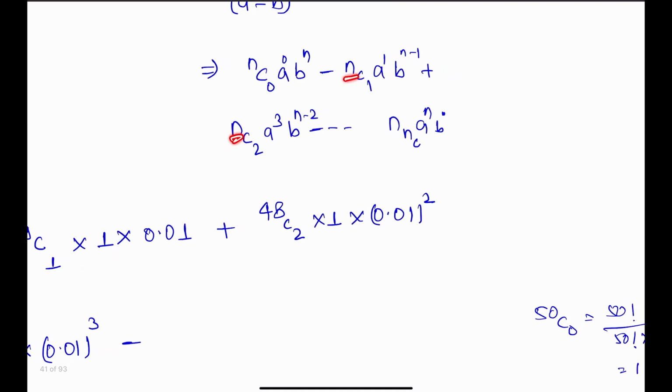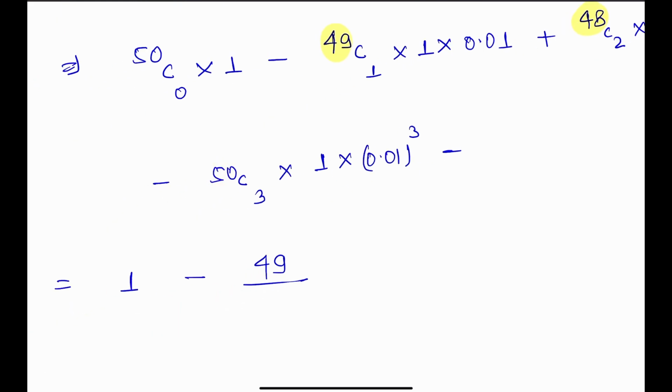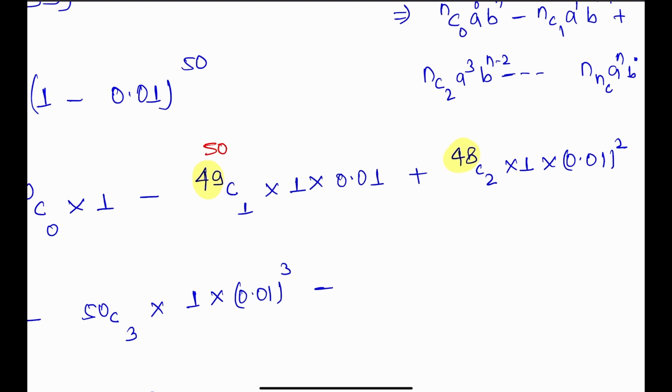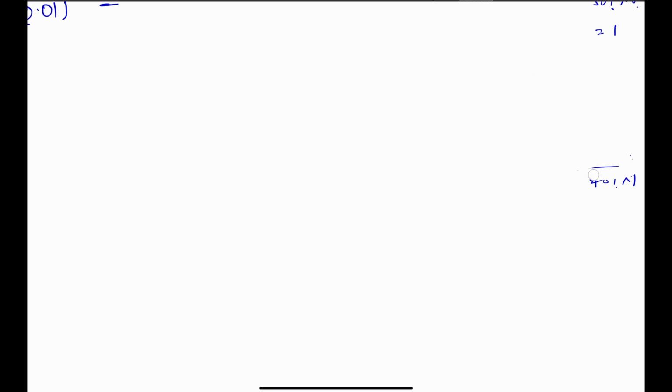All these are 50, but I mistakenly wrote 49. Here it's correct, then here it's correct, but till that point it was wrong. So it is 50, it is 50. So 50C1 actually, here is not 49. This is a mistake. So 50C1 equals 50 factorial upon 1 factorial into 49 factorial. So 50 factorial can be written as 49 factorial into 50. 49 factorial cancels, it will be 50.